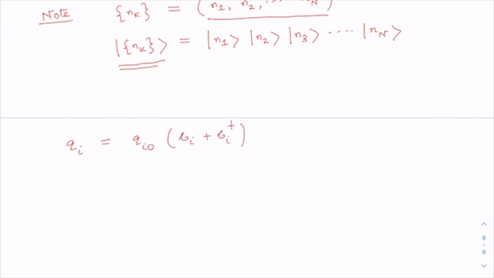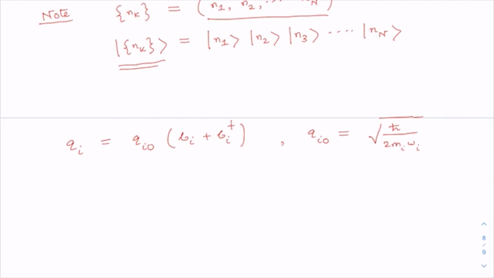This is the position operator for the ith oscillator, and here q_i0 is the zero point fluctuation, the square root of h cross divided by twice m_i omega_i. m_i is the mass of the ith oscillator, and omega_i is the corresponding resonance frequency.